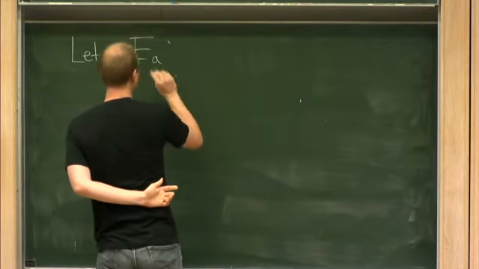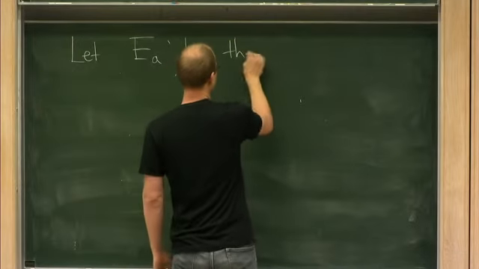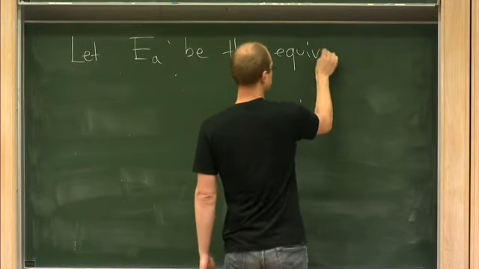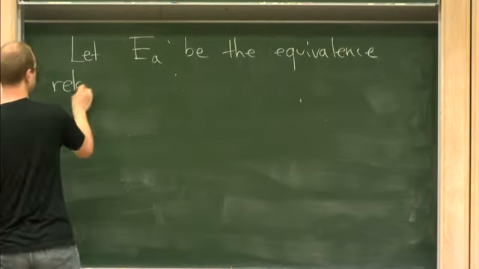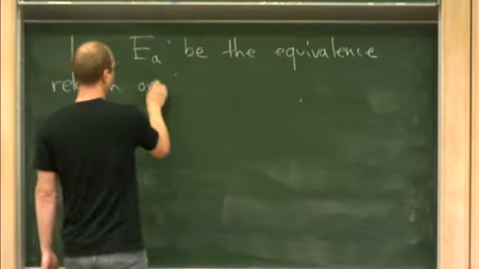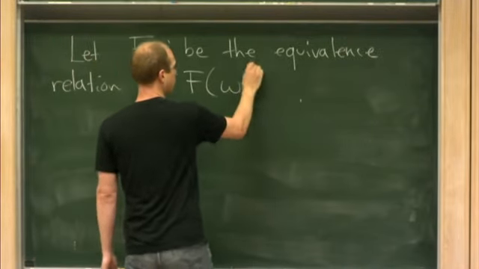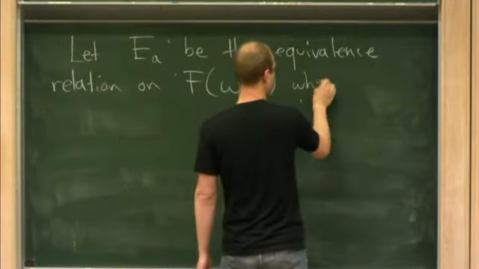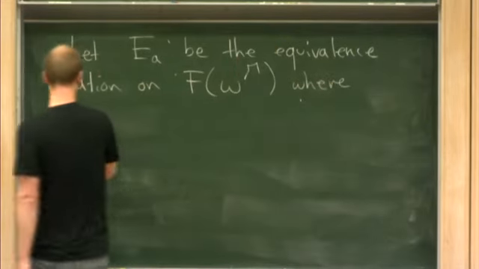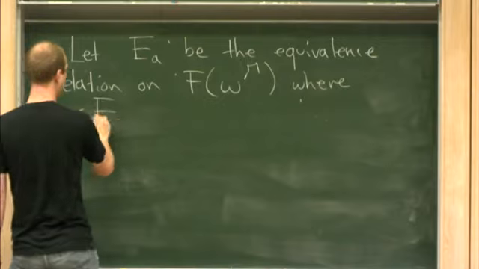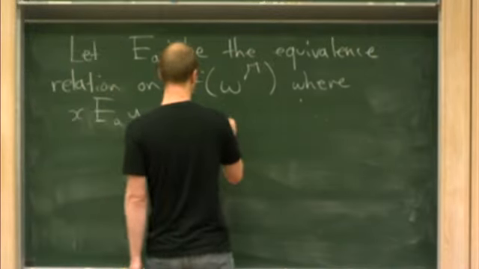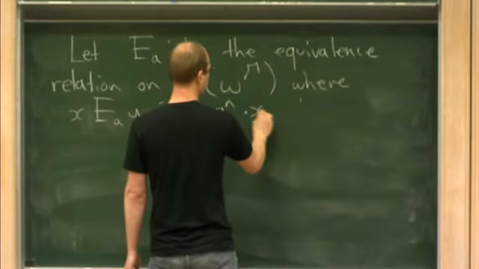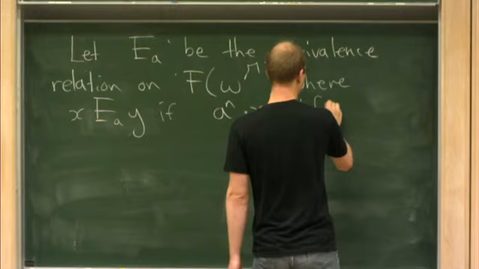So let E_A be the equivalence relation on this space where x is E_A equivalent to y if a to the n dot x equals y for some n.